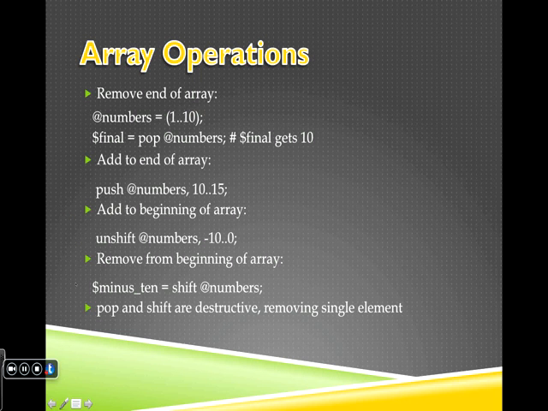What this function does is take the last element in my array, remove it from the array, and we can assign it to a scalar. So in this case, the last element was 10. I am popping the 10 from my array, and now my array length is 9. The last element will be 9, and I am assigning the value 10 inside a scalar named final.